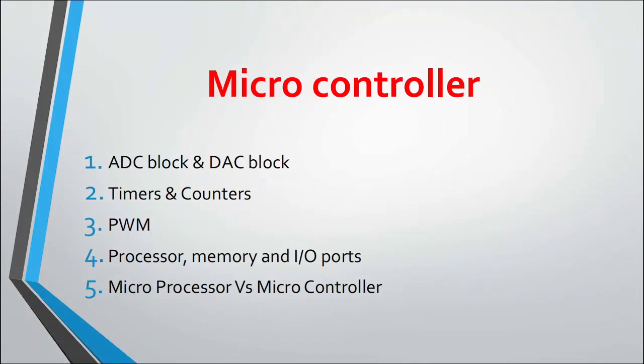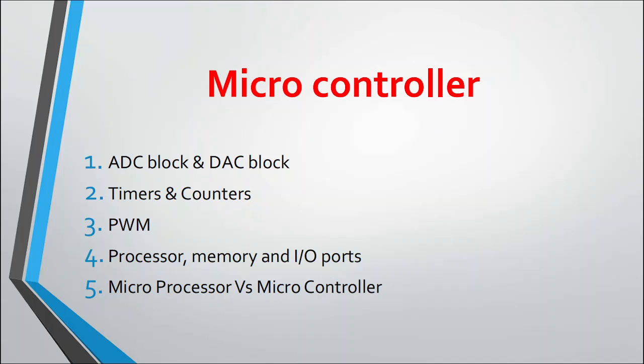Next comes the microcontroller, where they taught us about the ADC, analog to digital converter, and also the digital to analog conversion, and how we can implement these two blocks in our project.